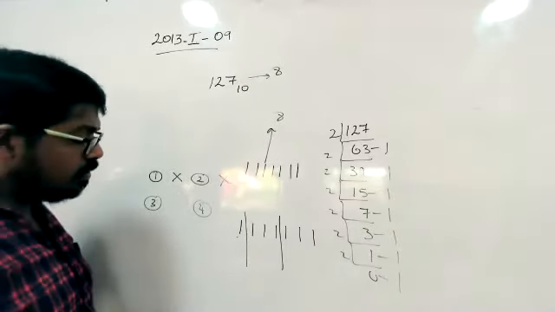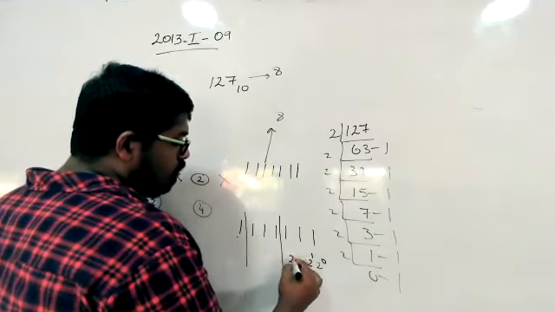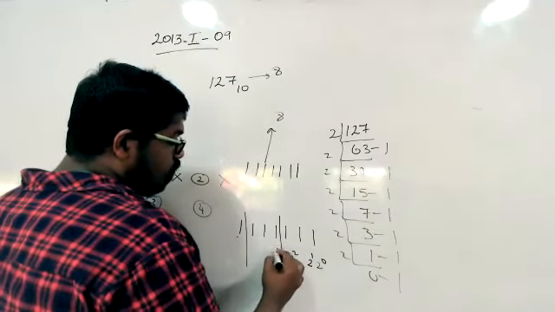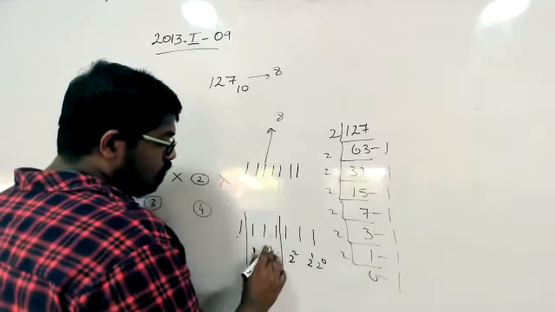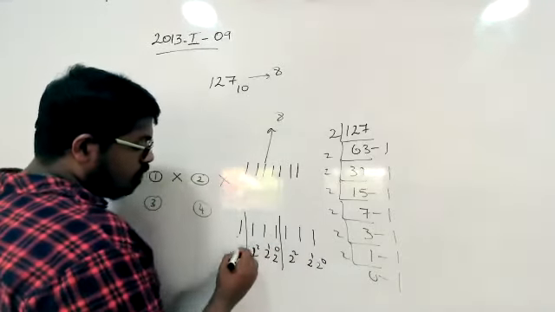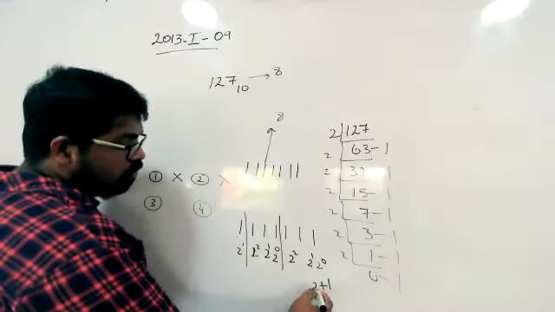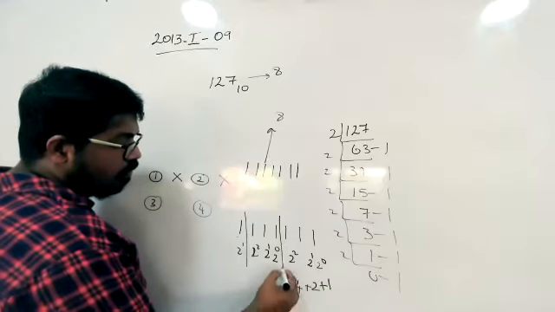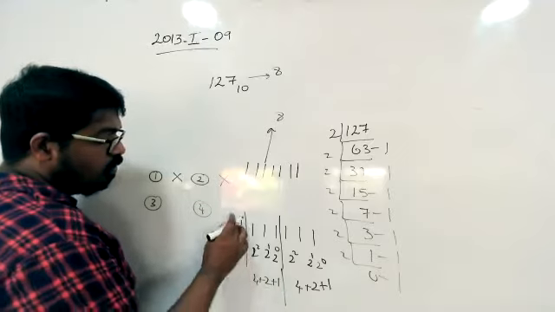So 3 groups, you have to multiply by 2 to the power 0, 1, 2. 1 plus 2 plus 4.